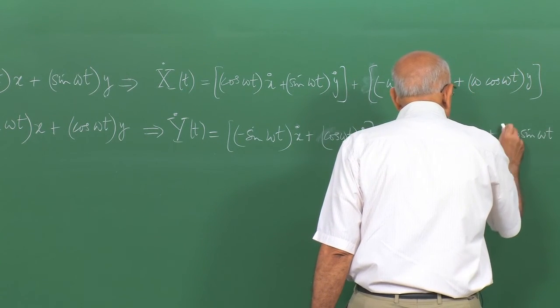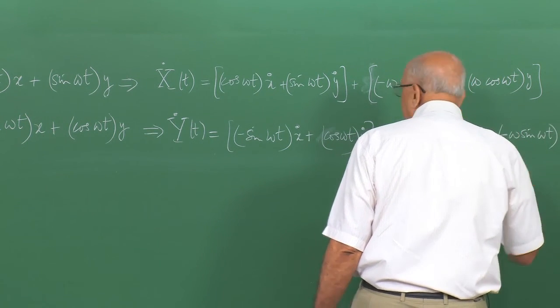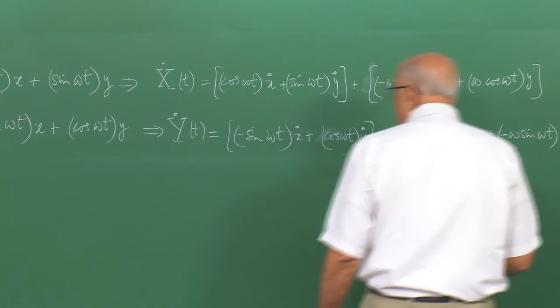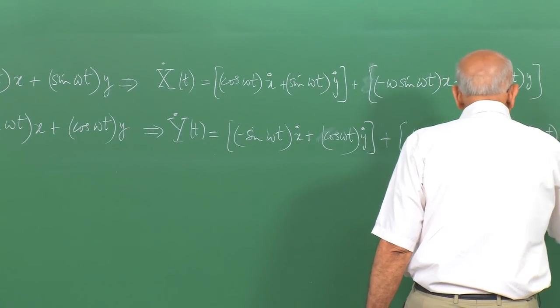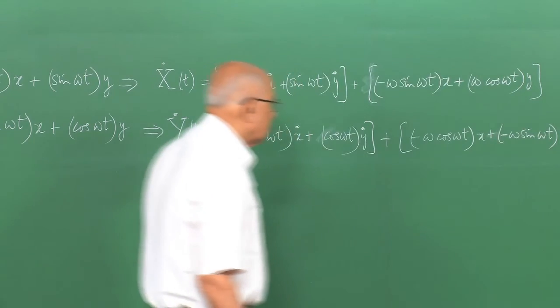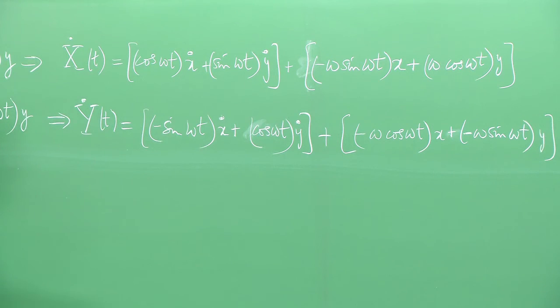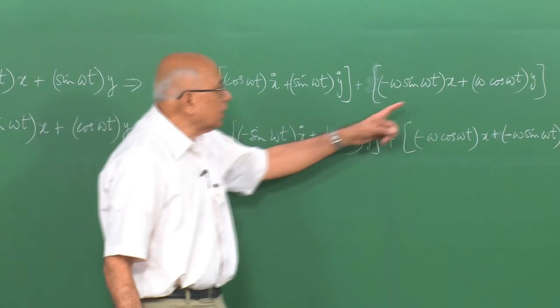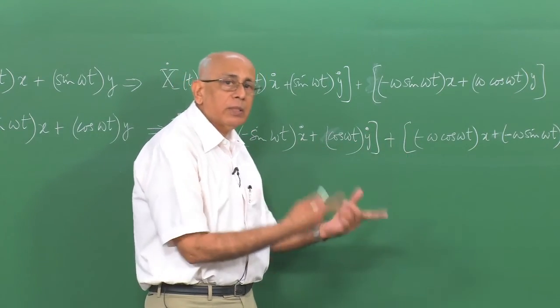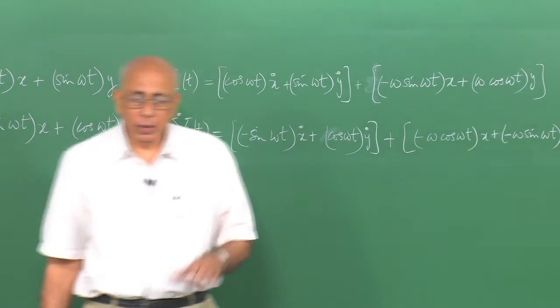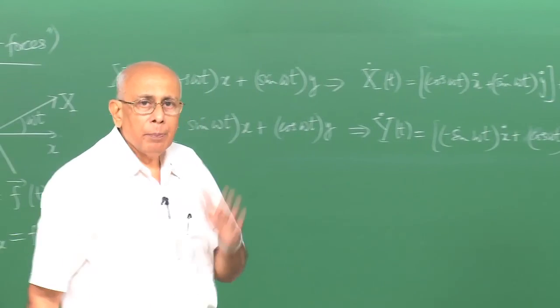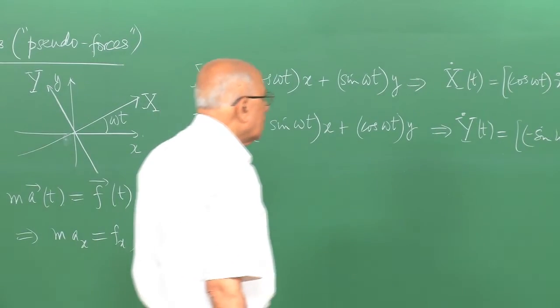So, let us put a plus sign, and I want to keep all the minus signs right. So, let me put them in brackets, omega sine omega t little y in this fashion. So, we have two extra terms which come from the differentiation of the manner in which the new moving coordinates depend on the old coordinates here.